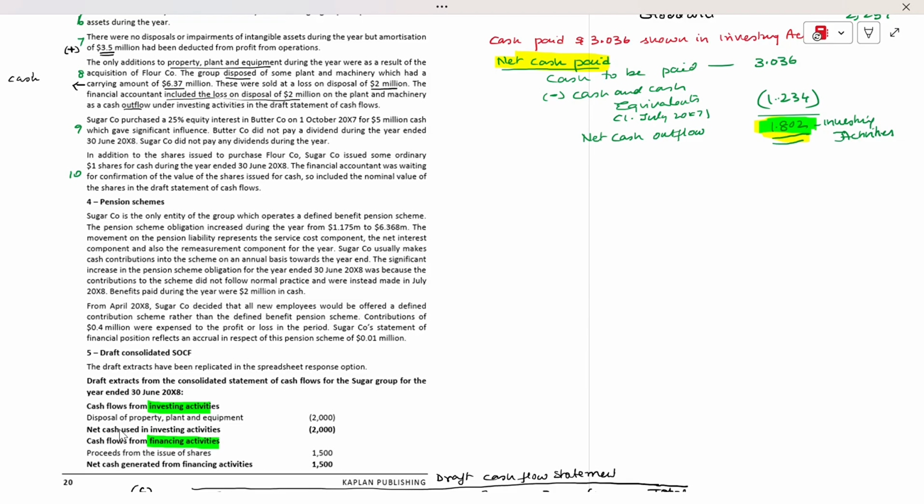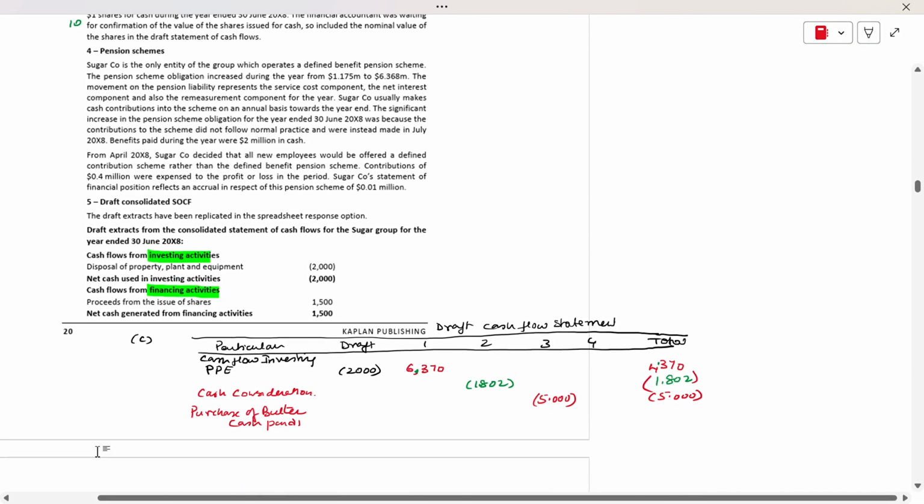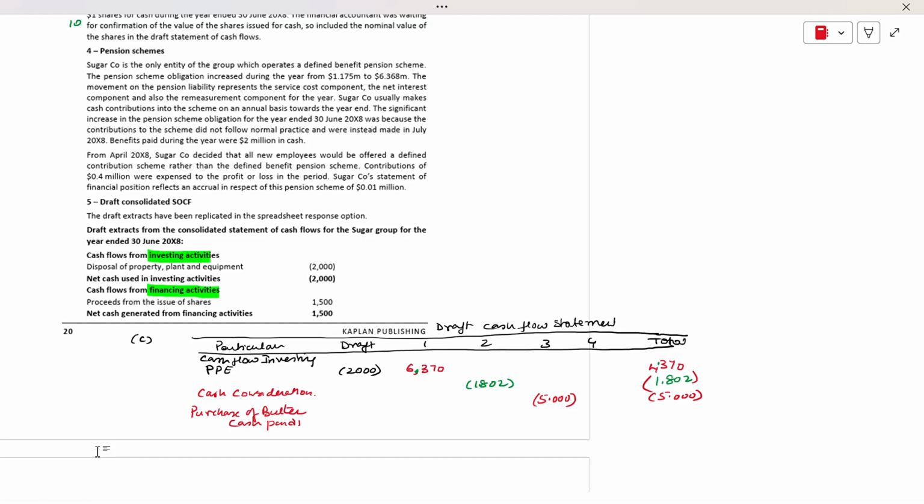The financial accountant was waiting for confirmation of the value of the shares issued for cash, so included the nominal value of the shares in the draft. How much have they included as the nominal value?